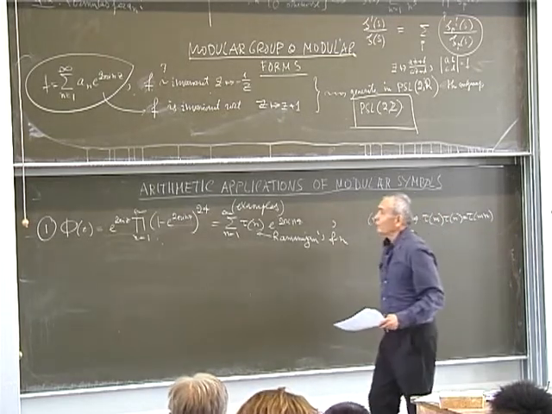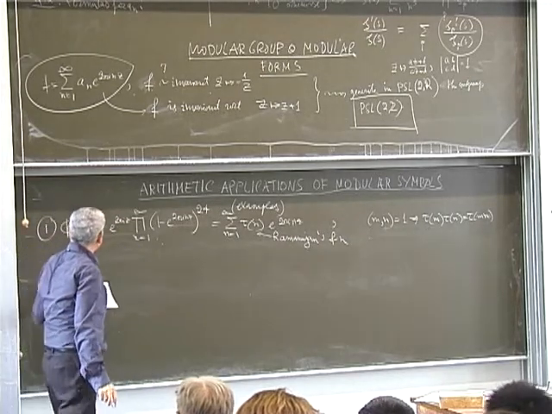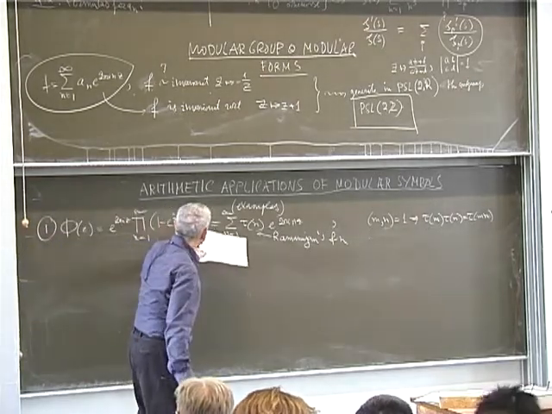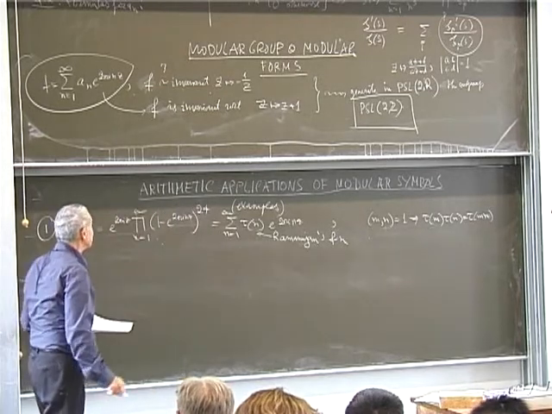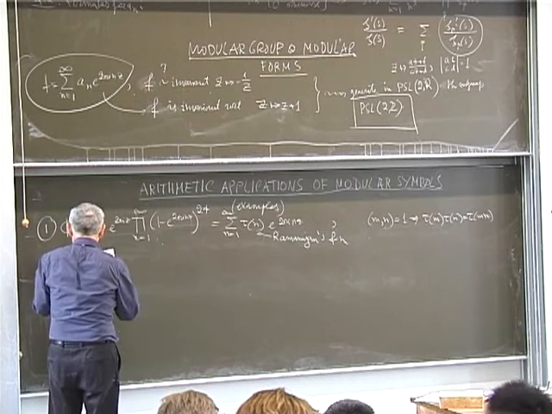So the respective Dirichlet series has an Euler product, which is not obvious at all. Okay.